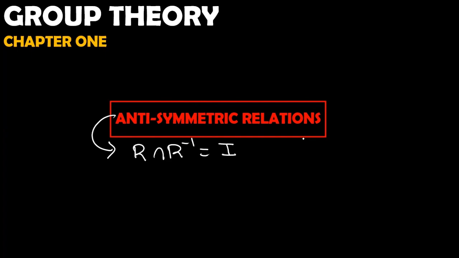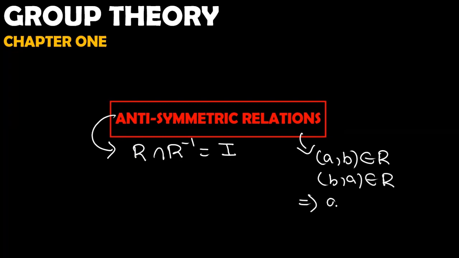It means that if (A,B) belongs to the relation and (B,A) belongs to the relation, then A is equal to B. So we can understand it by an example like this.